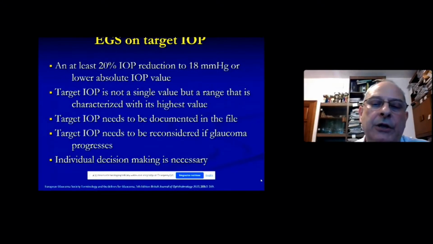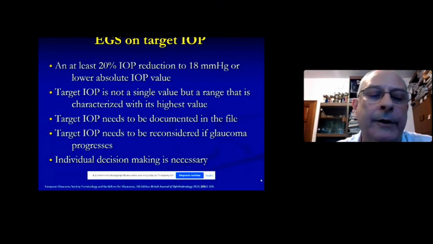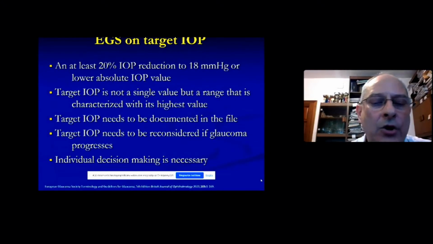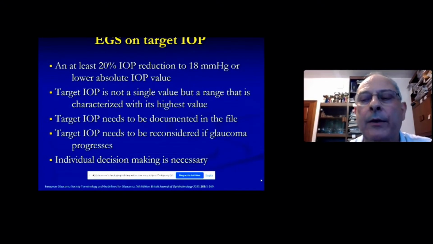So if target IOP is determined, and based on visual field or structural measurements, glaucoma truly progresses, and it is not a measure of variability or just a bad imaging or poor day of the patient, but a true progression, then we have to reconsider the target value, redocument the reconsidered target value, and modify medication accordingly.